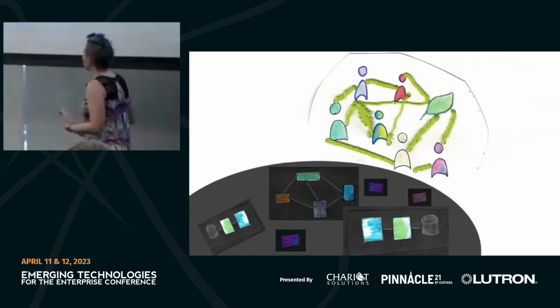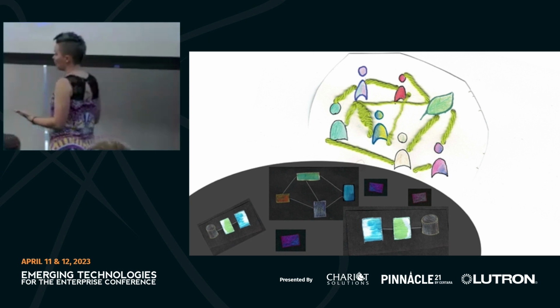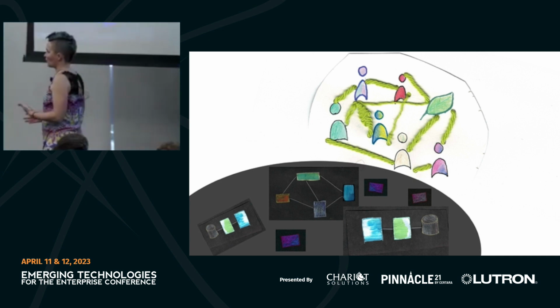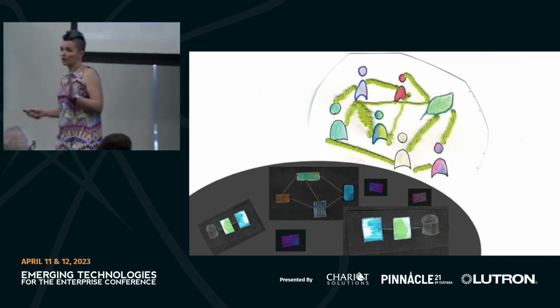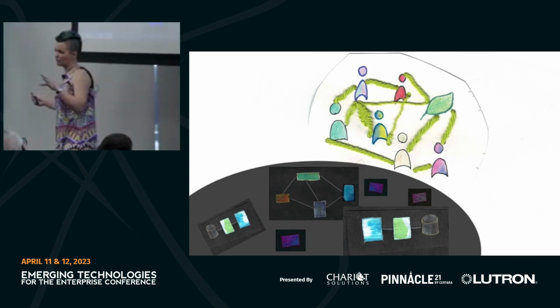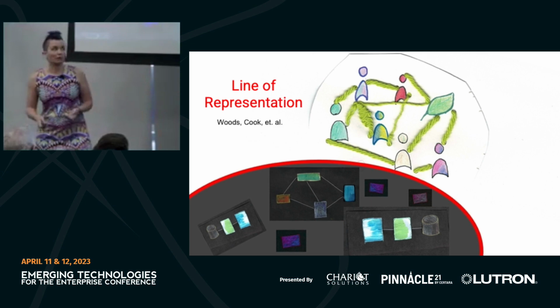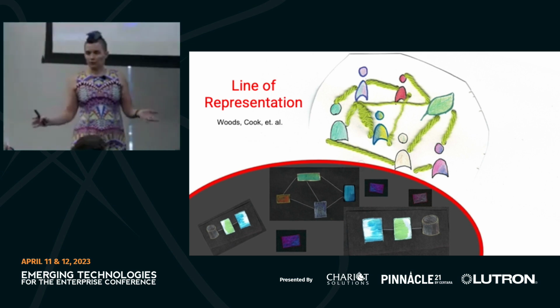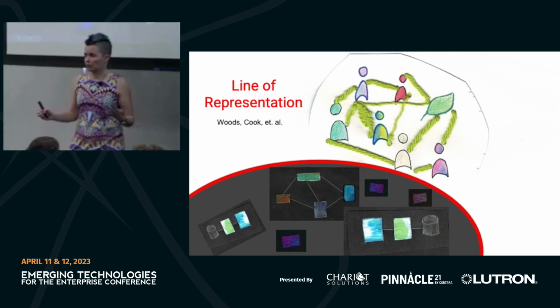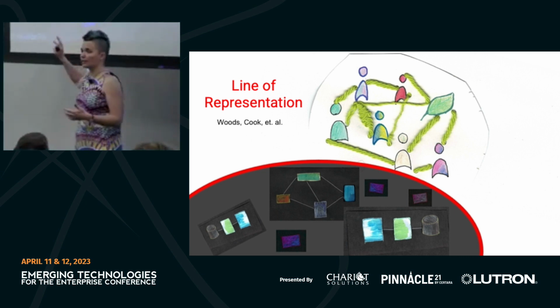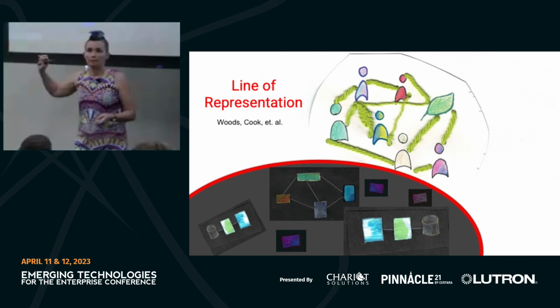Now with the people on my team, I can find out how they're doing by asking them. I mean, they might answer inaccurately, but together we can probably figure out what's going on. With the software, it's harder, or at least different, because we're separated from the software by this barrier between the human and digital space, which Dr. Woods and Cook from resilience engineering call the line of representation.